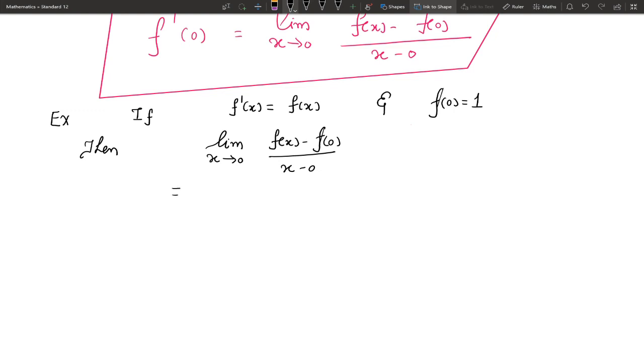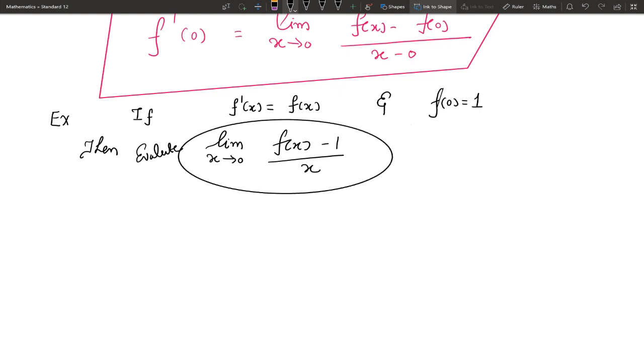So let us evaluate. Then evaluate limit x tends to 0 f of x minus 1 upon x. This is the question.